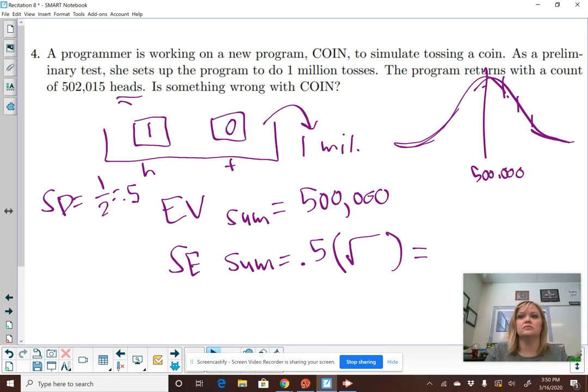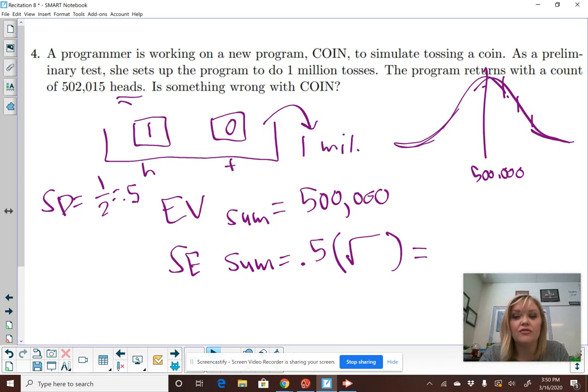Outside three is very rare, because that's that 0.3% of the data. But anyway, anything outside two is still outside the 95% of the time.